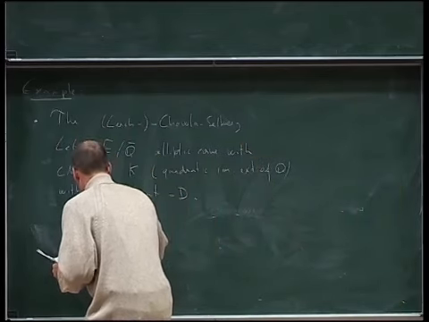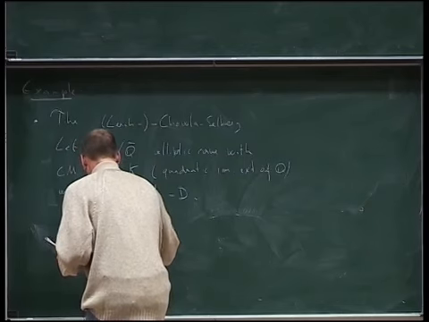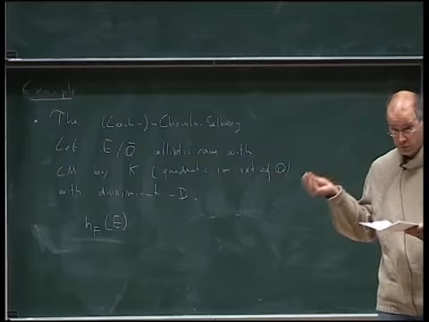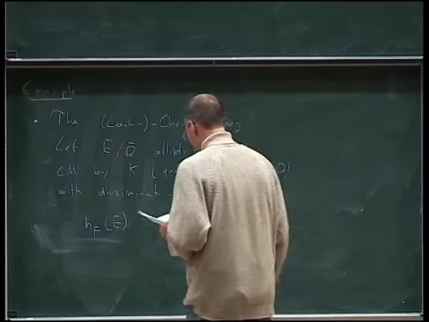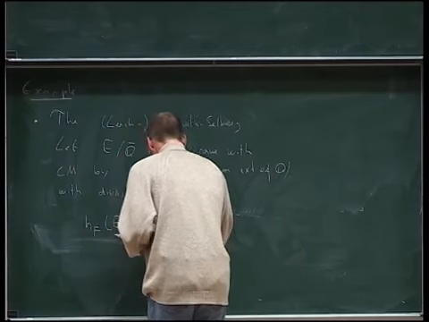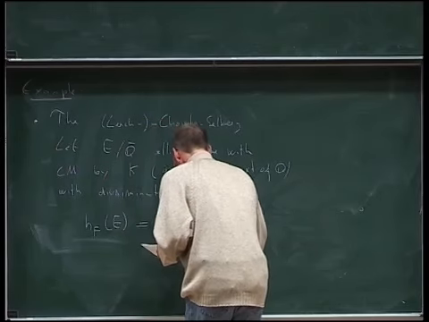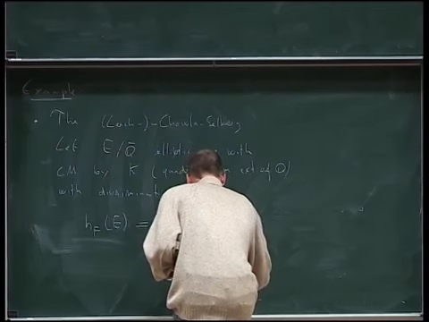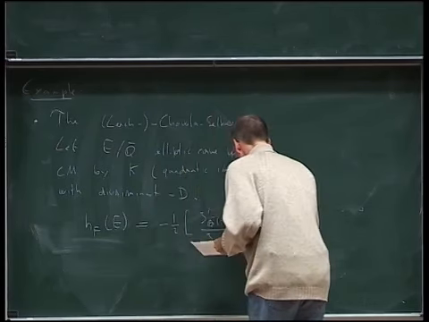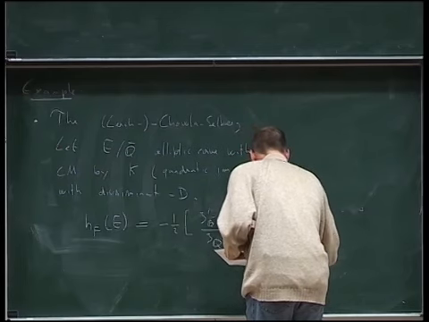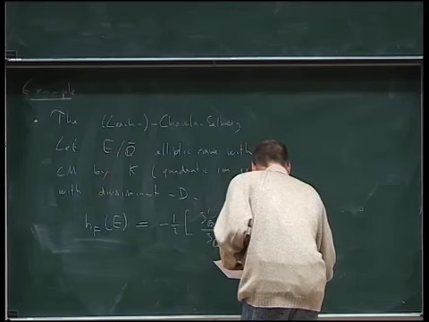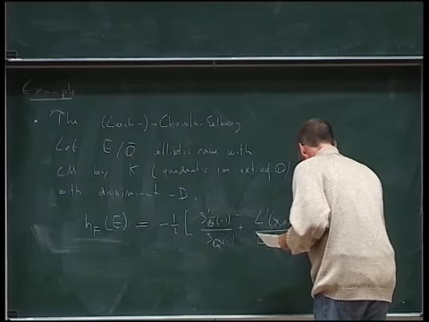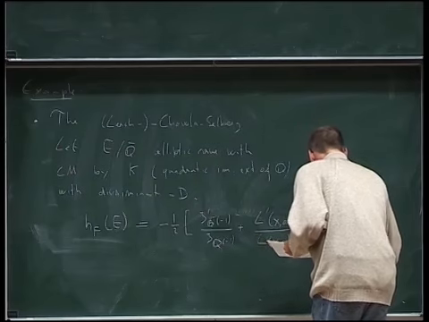It says that the Faltings height h_F of E, the Faltings height of an abelian variety that appears in the proof of the Mordell conjecture, is equal to minus 1/2 of zeta prime of minus 1 over zeta of minus 1, plus 1/4 log d.